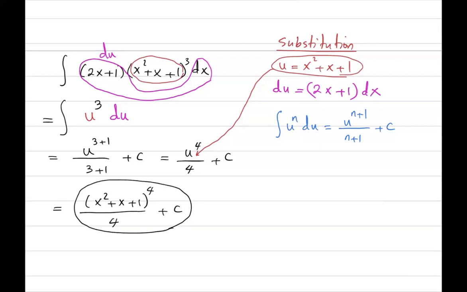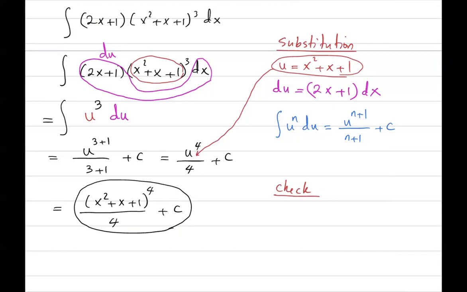Sometimes the students ask, how do we know everything is correct? Well, you can check your work. To check your work, you can take the derivative of the quantity on the right-hand side and show that it is indeed equal to the original integrand, which was (2x + 1)(x² + x + 1)³.